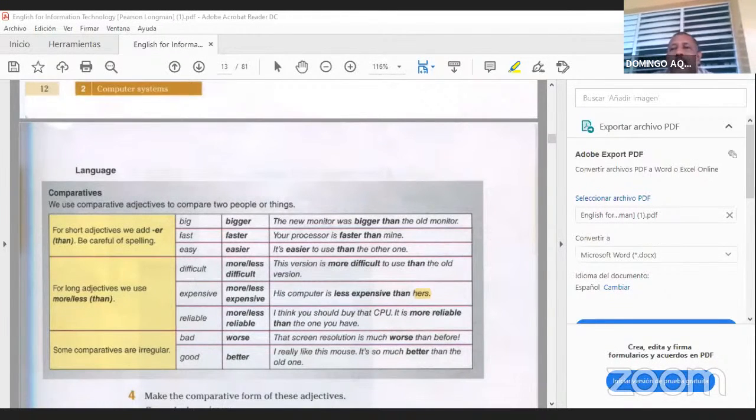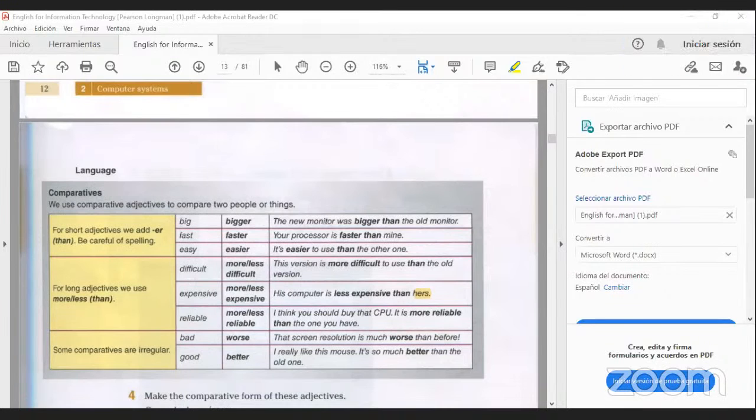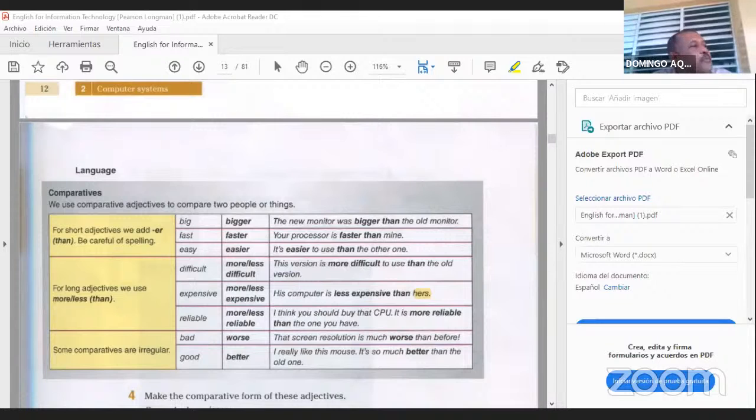Excuse me. I have a chart here. If you want, you can go to Google, and in Google, you can find this chart. This chart is a very complete chart that shows you the different pronouns.